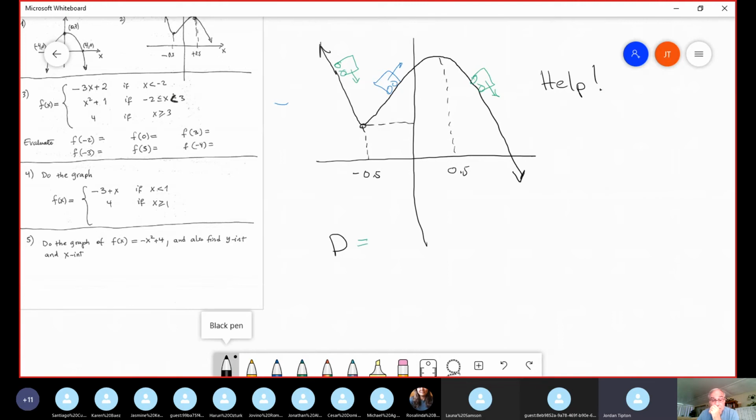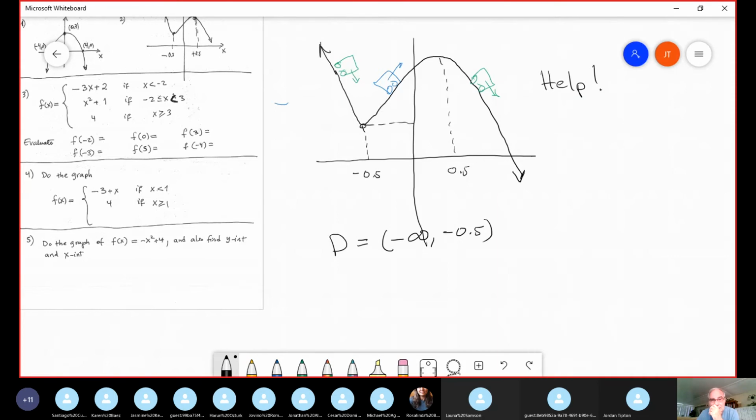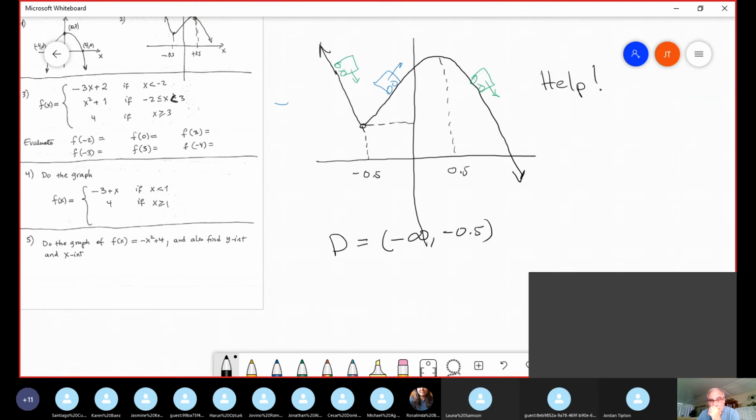Negative 0.5. From what? From negative infinity, no? You say negative infinity? From negative infinity to negative 0.5. Super. And that's it? Decreasing, or do I have another interval that is decreasing also? Remember, there is another one. Which one?